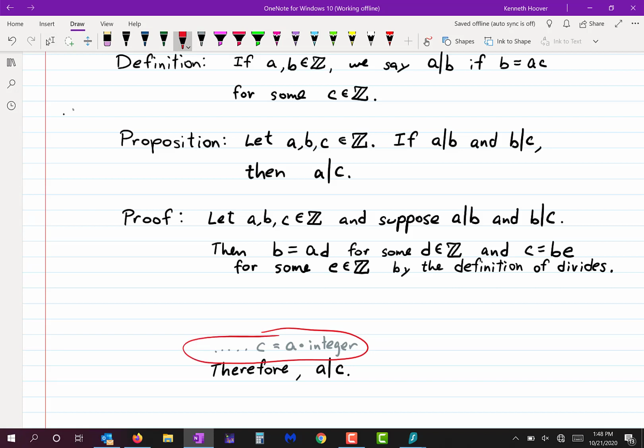It's not a difficult guess to make. What do I know? I know that c equals b times e, and also I know that b equals a times d. So can't I just take that and substitute it in for b right there? And then what will I have? I'll have c equals a times d times e, correct?